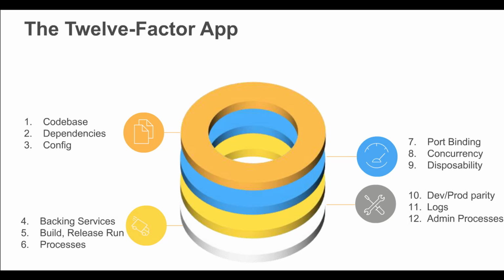What it really talks about is there are 12 aspects of coding and building software that helps you get to the agility that you need. Personally, I feel I could group them in a mental model of code, ship and release, admin processes, tools, and monitoring, or disposability, concurrency, and port binding. So let's see how each of the patterns addresses the different concerns of the 12-factor app.